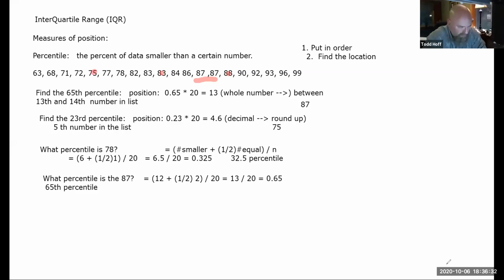Well, what we want to look at, we said interquartile range implies we need to find quartiles. Quartiles divide the data into 4 equal pieces. By equal pieces, I mean 4 groups that have the equal number of data points in them.